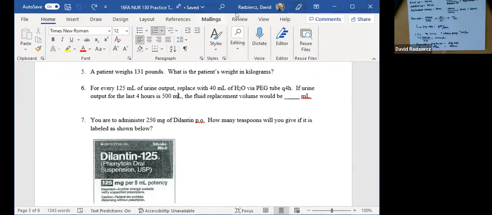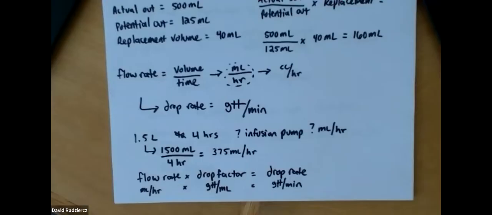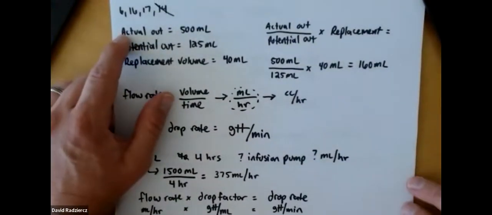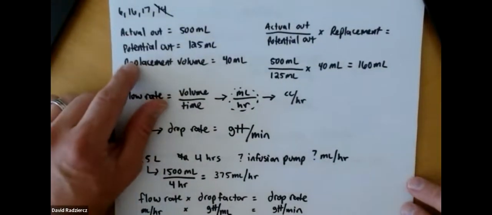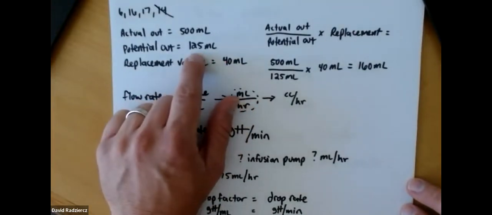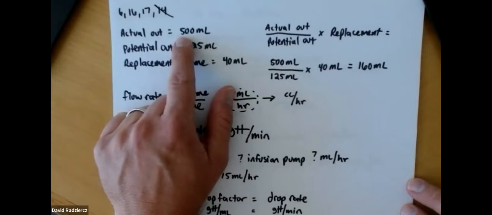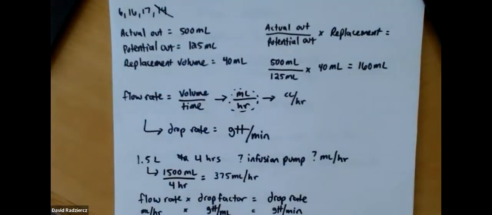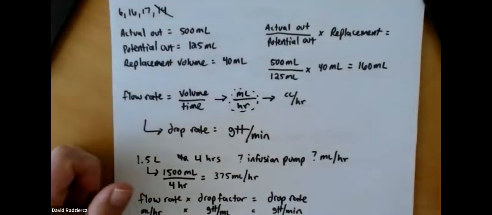So what I did is I identified those. All three of these numbers can change. The replacement volume in one question might be 90 milliliters, the potential output might be 200 milliliters, and the actual output might be 400 milliliters. They can change, and whatever that is, you just make sure you can identify those.